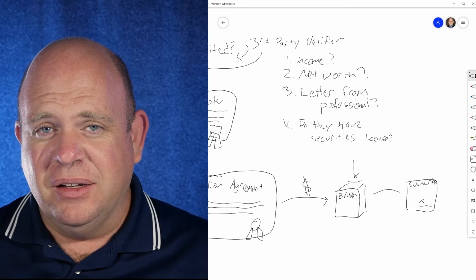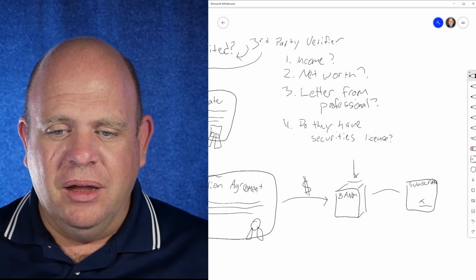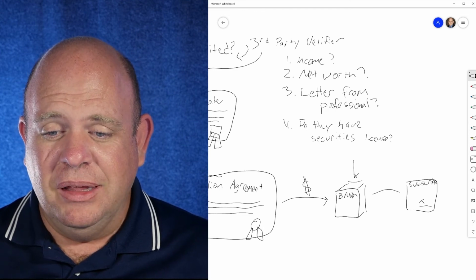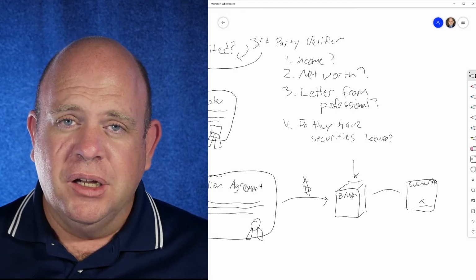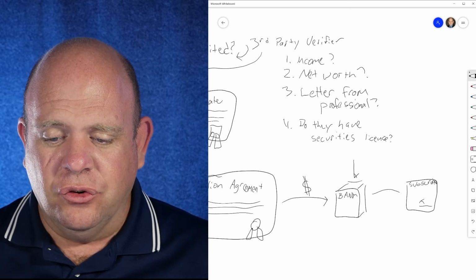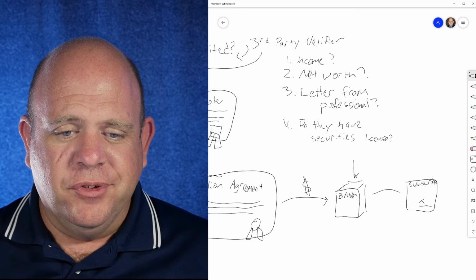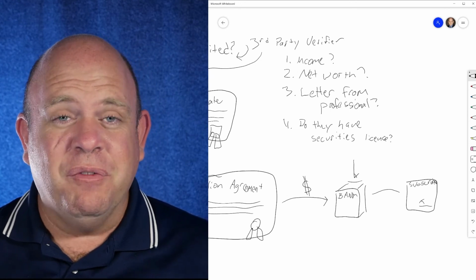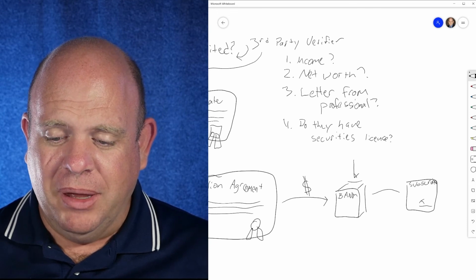I haven't found that to be an issue, but I have a good reputation, and the people who invest with me, they either have known me or they've come in by referral or something. They're not strangers, so they know who I am. So I haven't had that problem before. I also have a license, so I have a lot to lose if I was to do anything bad.